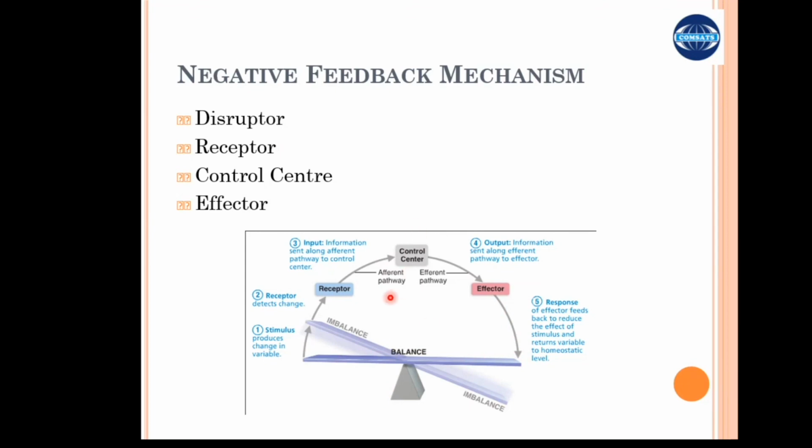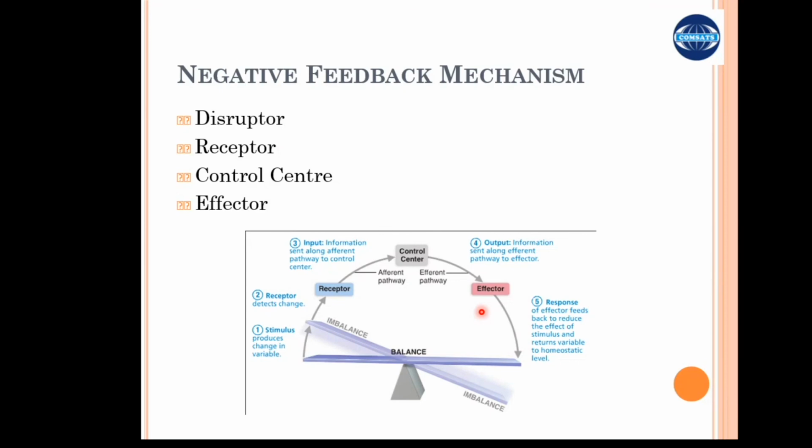So half of this process is called the afferent pathway, which takes the message from the stimulus receptors towards the brain, and the other half is called the efferent pathway, which results in the activation of the effectors to change the condition and bring it back to normal, right? So this is a general mechanism.